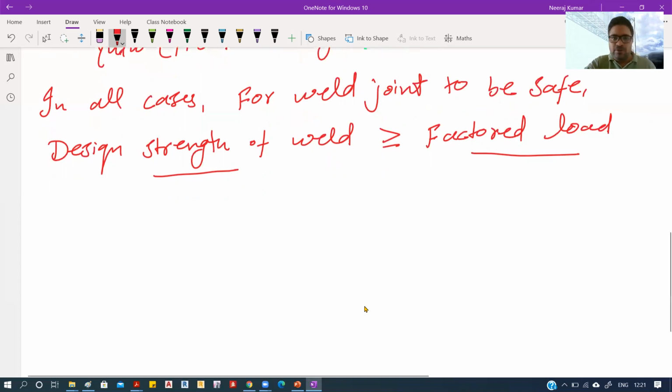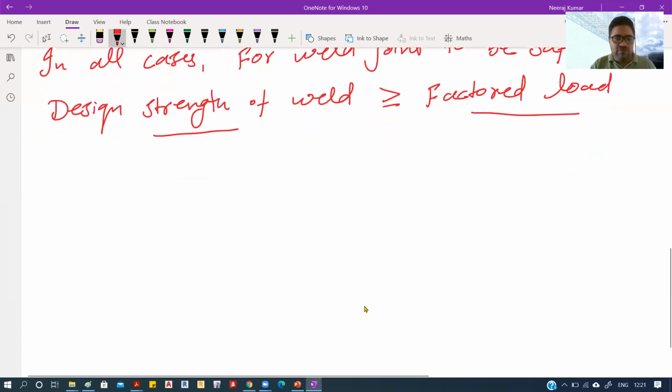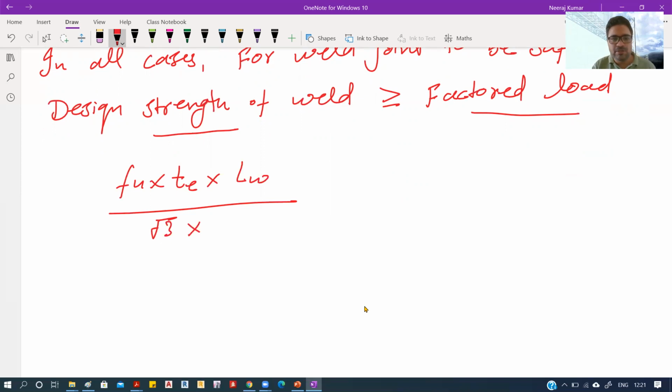So design strength of weld in case of fillet weld will be Fu into Te multiplied by Lw upon root 3 multiplied by gamma MW, and this should be equal to or greater than the factored load.